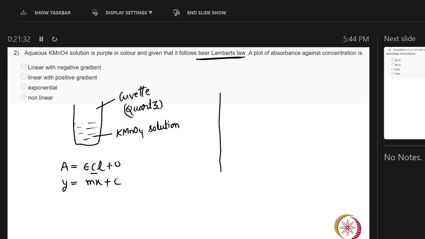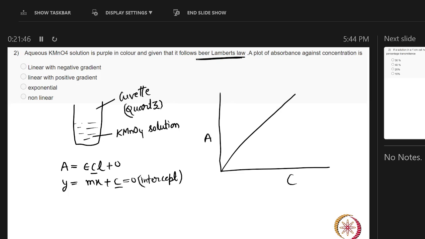So we get something like this: A versus C, a straight line, because the intercept is 0. And what is the slope? Slope is epsilon L. It's a positive gradient. You can see here, positively increasing. Both axes are positive. Correct. So this will be our correct choice.